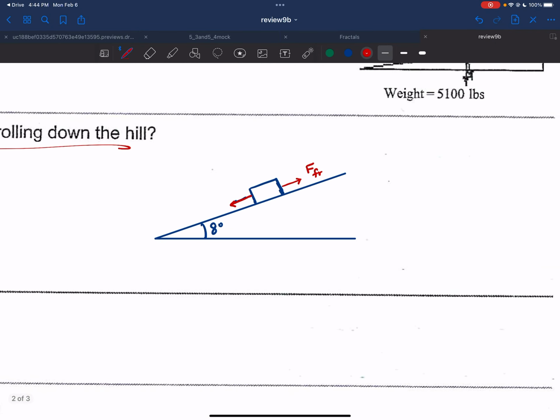So if I'm doing that, keep in mind here, the weight goes towards the earth. And what we've done here is we can create, right, here's an axis right there. We can create a similar triangle with 8 degrees.